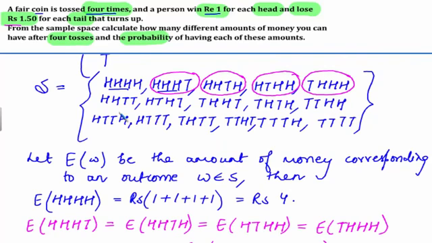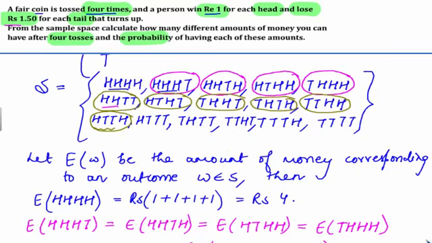Now let us find the values of the other outcomes. Now notice that in the next outcome we have 2 heads and 2 tails. Similarly, for the next ones also we have 2 heads and 2 tails. Therefore, for 6 outcomes we have 2 heads and 2 tails. Therefore, the amount of money corresponding to these 6 outcomes will be the same.